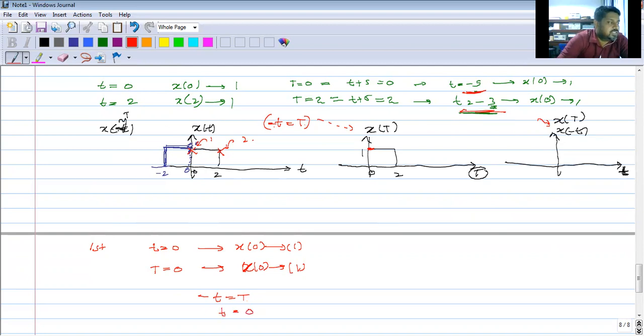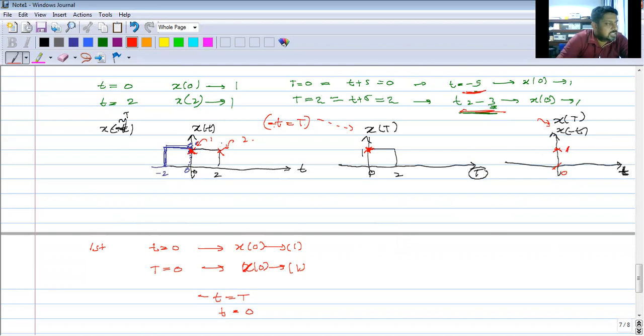This point will not move anywhere. It will be the same as here. So at t equal to 0, x(-t) also will be 1. It is not moving.